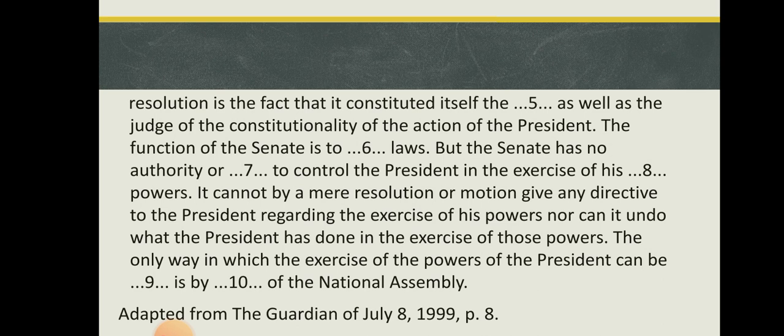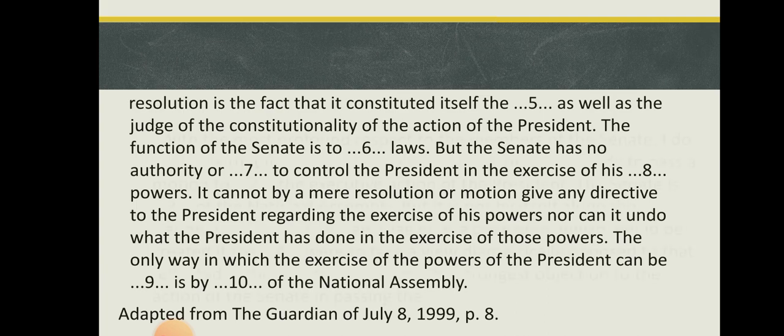The function of the Senate is to make laws, but the Senate has no authority or power to control the president in the exercise of his executive powers. It cannot be by a mere resolution or motion to give any directive to the president regarding the exercise of his power, nor can it undo what the president has done in the exercise of those powers. The only way in which the exercise of the powers of the president can be checked is by an act of the National Assembly. Adapted from the Guardian of July 8, 1999, page 8.